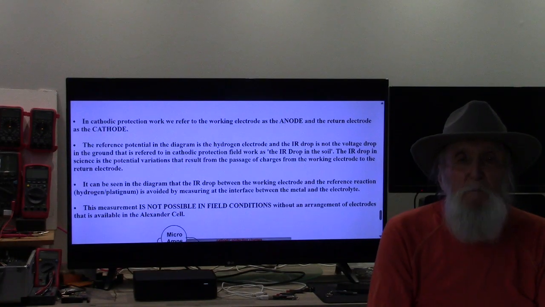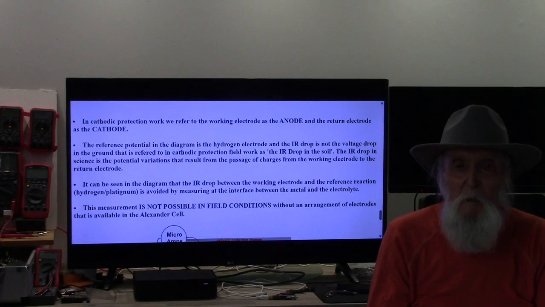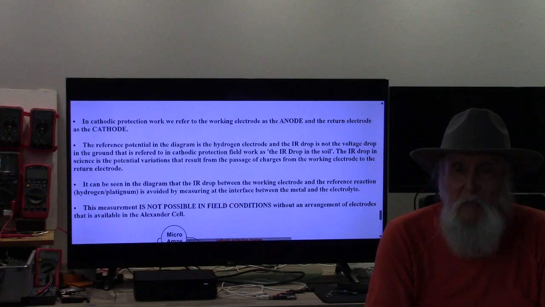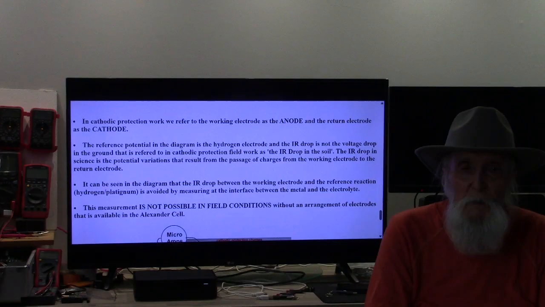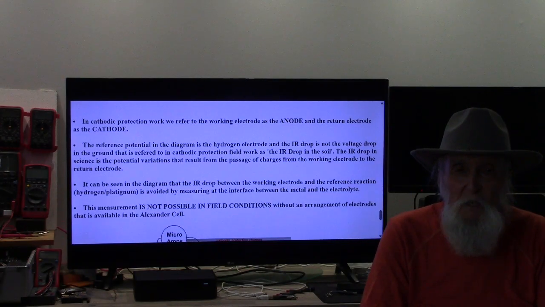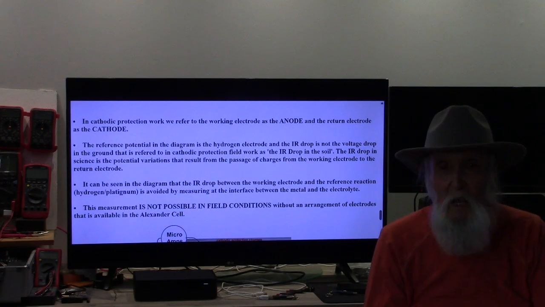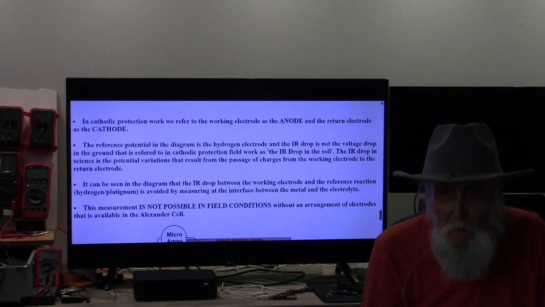The reference potential in the diagram is the hydrogen electrode, and the IR drop is not the voltage drop in the ground that is referred to in cathodic protection work as the IR drop in the soil.